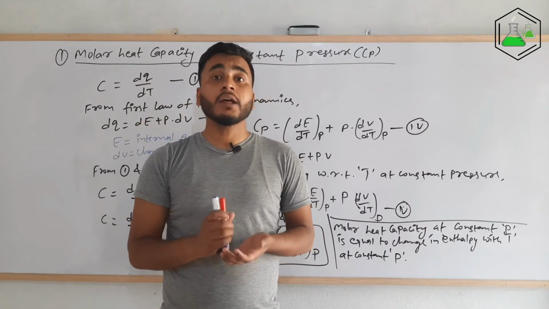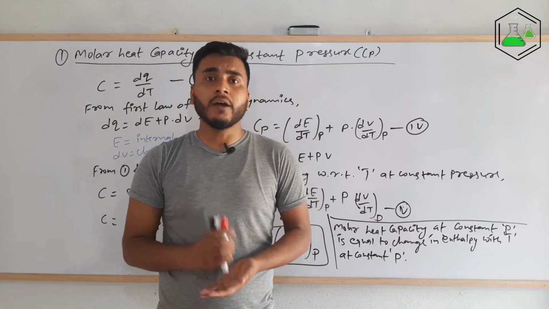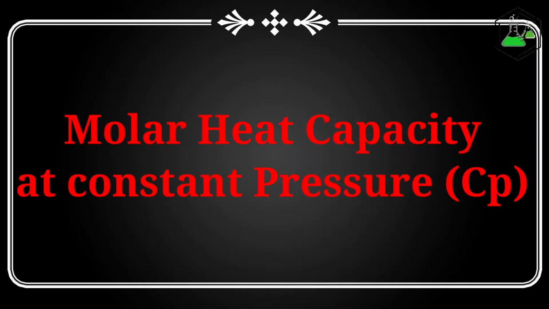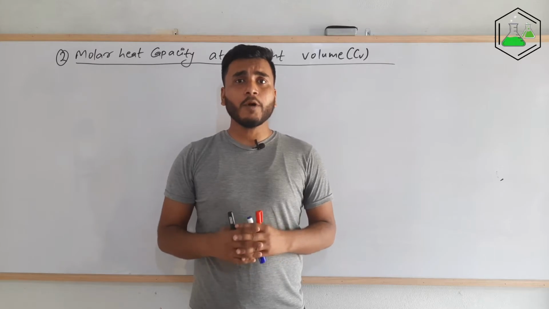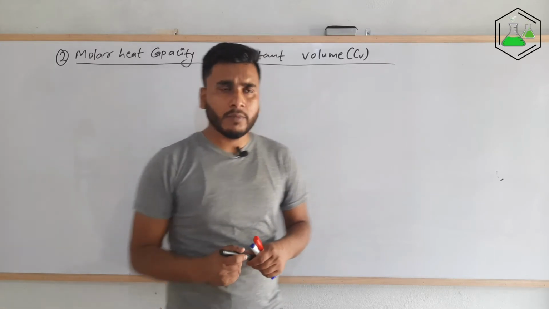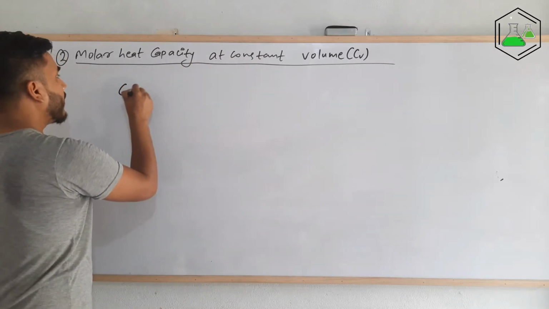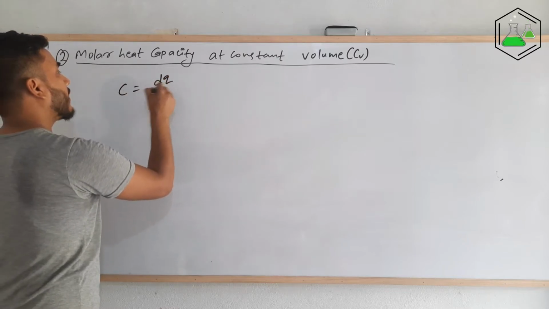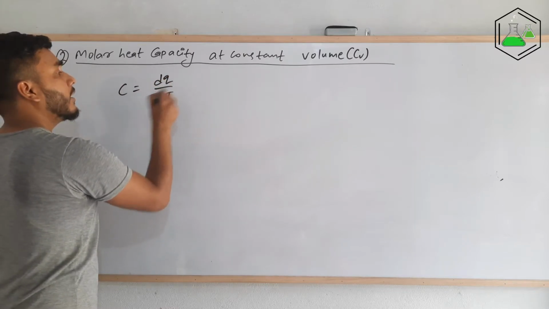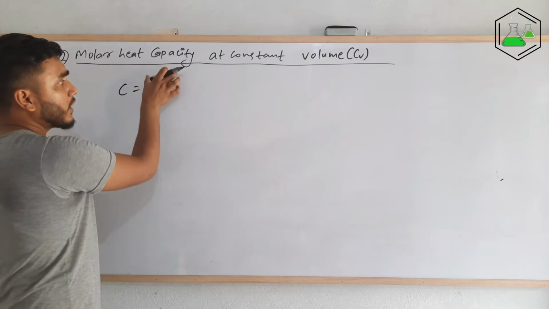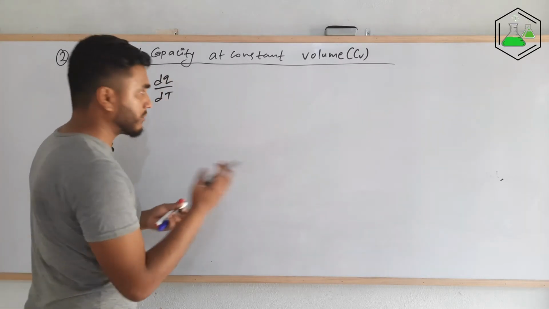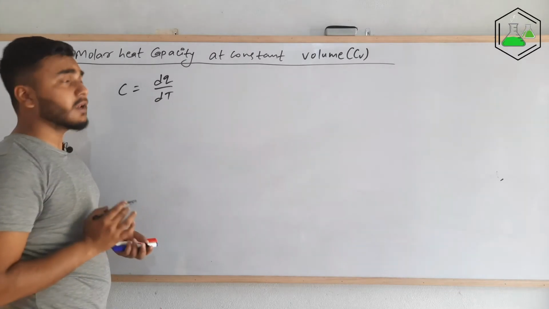Now let's understand the molar heat capacity at constant volume. To understand it, let me write the formula of heat capacity one more time. That is C is equal to dQ by dT, right? Where dQ is the amount of heat supplied to the substance and dT is the change in temperature.